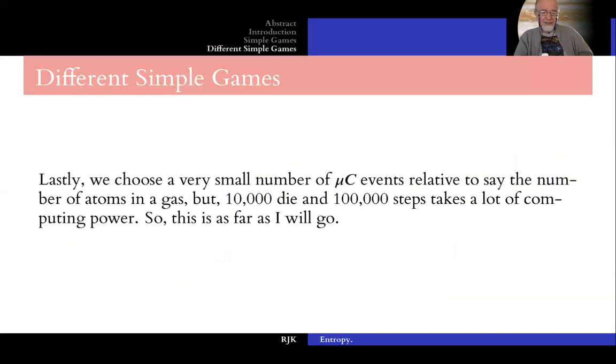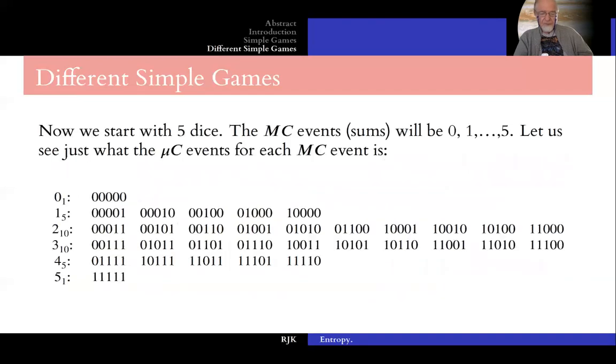When we were talking only about 5, here we had 32 possible what I've called MC events, and each one was a collection of 5 MUSI events. Now, if MC is the sum, then I wouldn't call that a state, because the state to me is the specification of what each one of those is reading. When you tell me what the sum is, I don't know what each one is doing. I just know what the sum is.